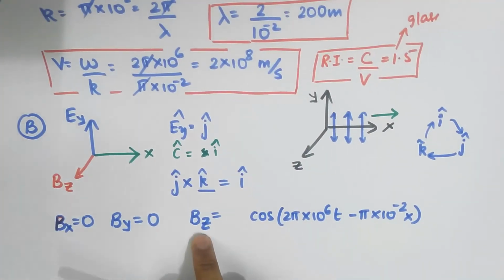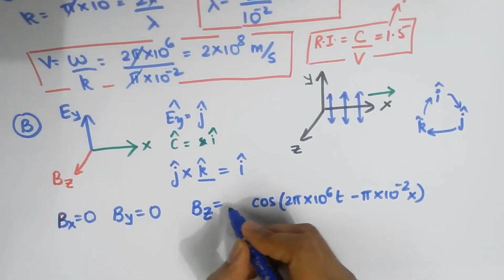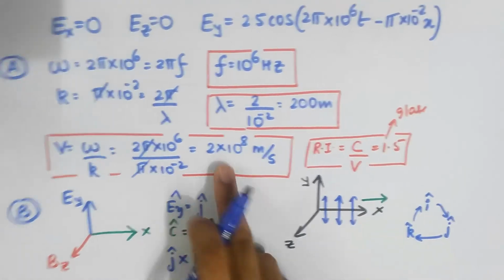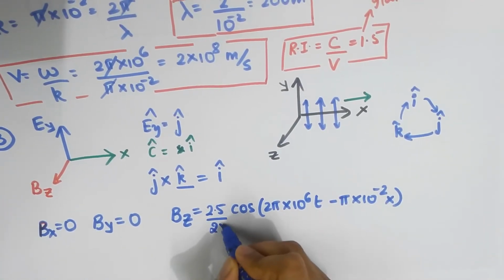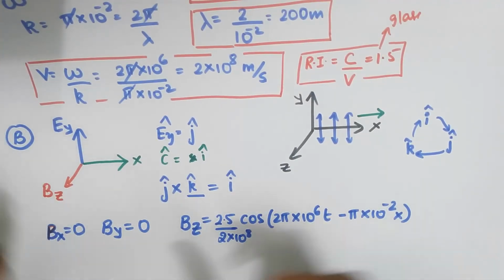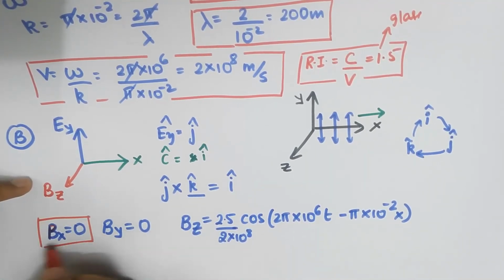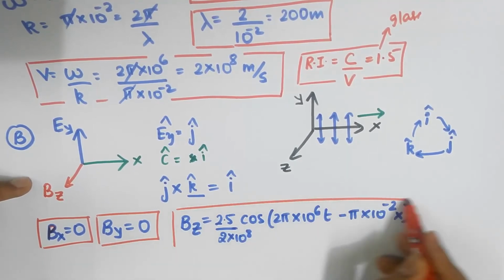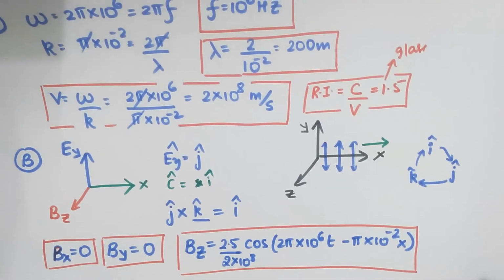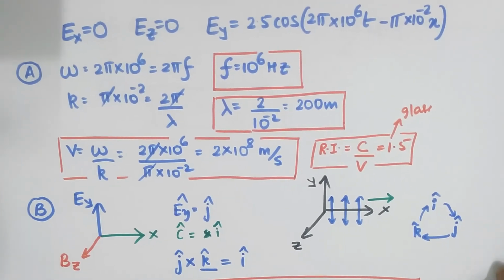Therefore, the amplitude of the magnetic field must be the amplitude of the electric field, that's given as 2.5, divided by the speed of the wave, and the speed is over here, 2×10^8. I'm running out of space over here, so I'm not going to simplify this. I'm pretty sure you can simplify this yourself. So there we have it. These are the components of the magnetic field of our electromagnetic wave. I hope that wasn't too overwhelming, because electromagnetism is not officially covered in this course yet. But that's it.